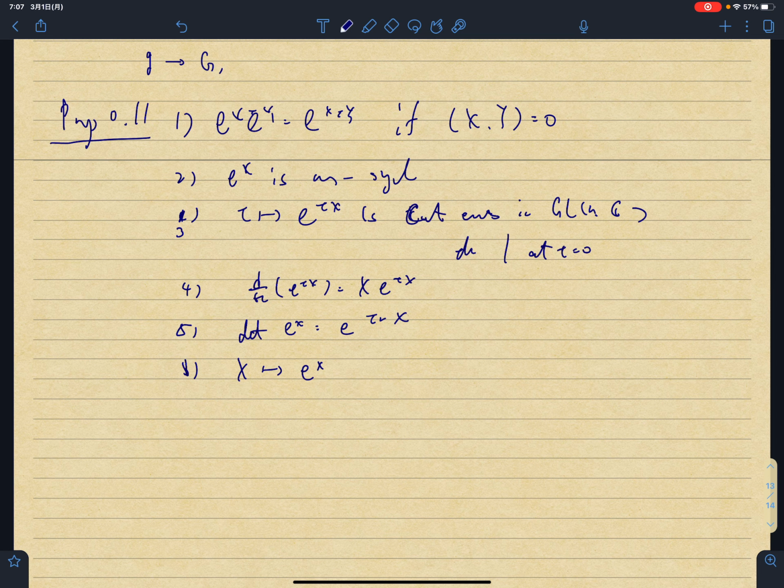Conclusion F follows from the standard practice above, the temporary differential.